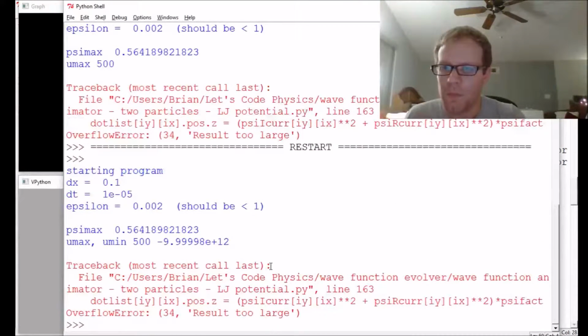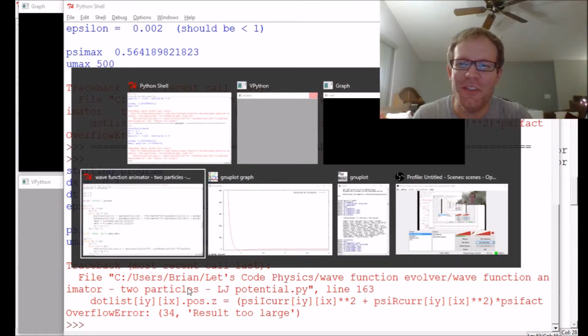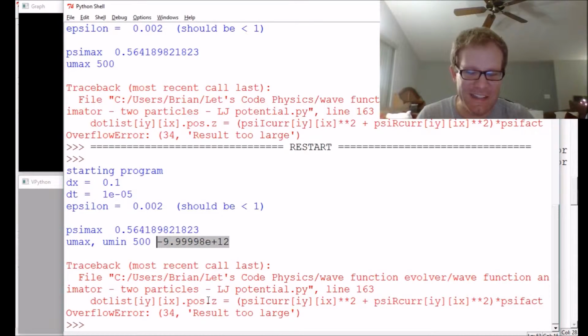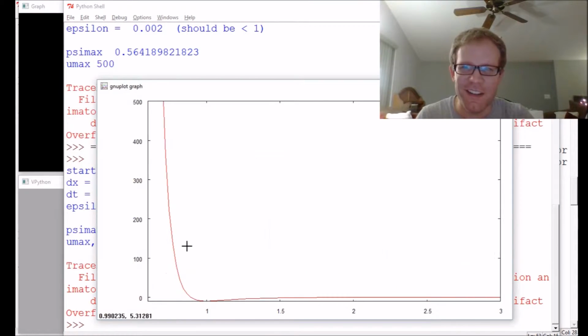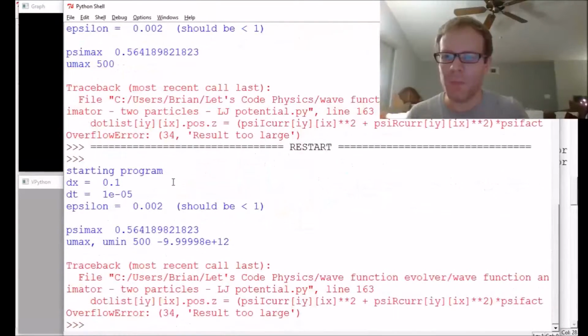Okay, so that's disturbing because that should not be getting that low. That should be getting a minimum of negative 10, right?